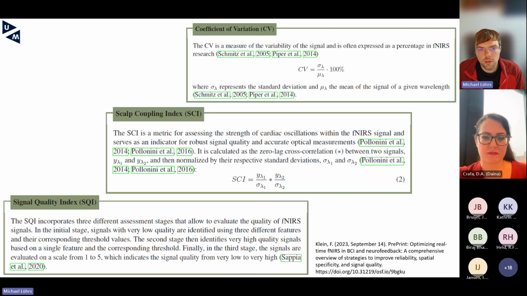So there are different methods, and I think many more, but these are, I think, the most commonly used methods to assess the data quality from the general signal. The coefficient of variation was one of the most often used, together with the scalp coupling index.